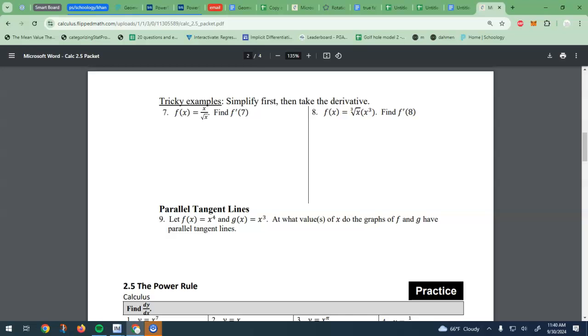Right, 8. I hope that comes out the way I think it does. So this is really x to the 1/3 times x to the 3rd. So if we're multiplying the base, what do we do with the exponents? Add them. So that's 1/3 plus 9/3. Now I have x to the 10/3.